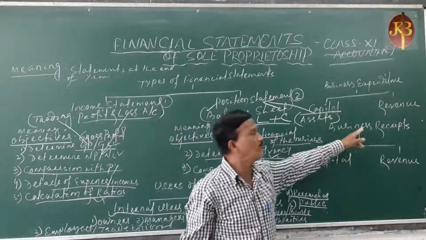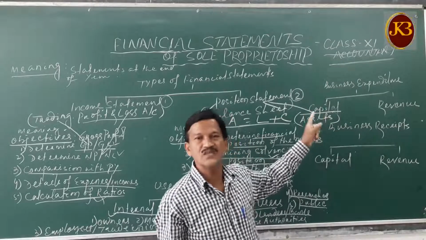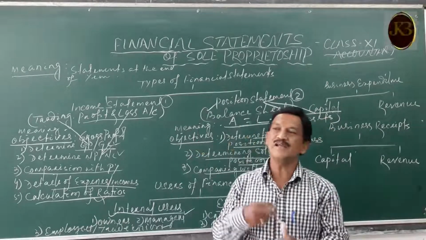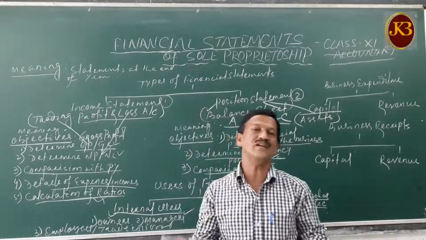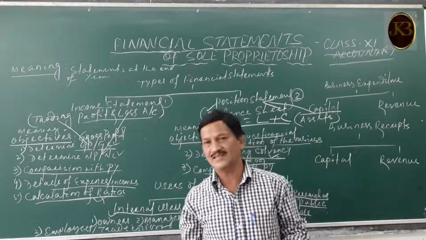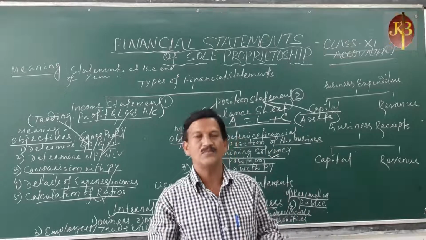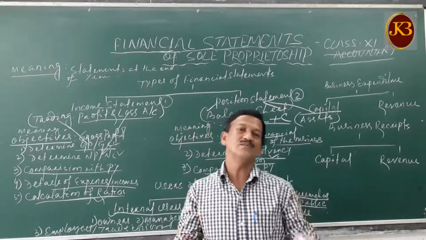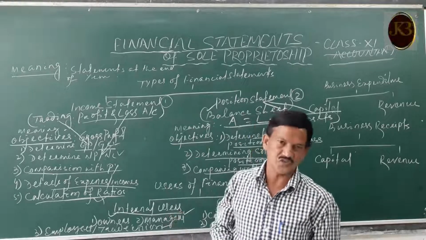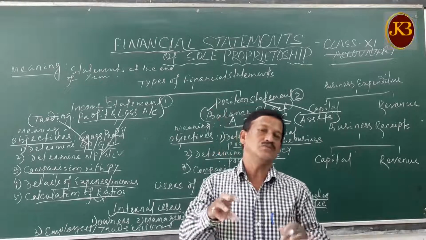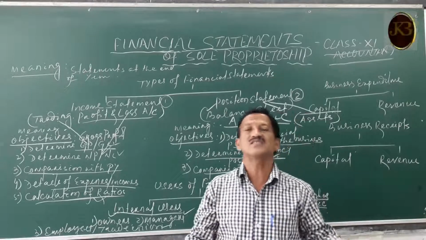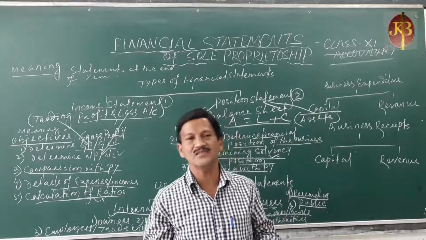Likewise, revenue expenditures are the expenditures which are used to get an immediate benefit. For example, payment of wages, rents, salaries, taxes, depreciation, creating provisions, and likewise postage, telegrams, telephone expenses.